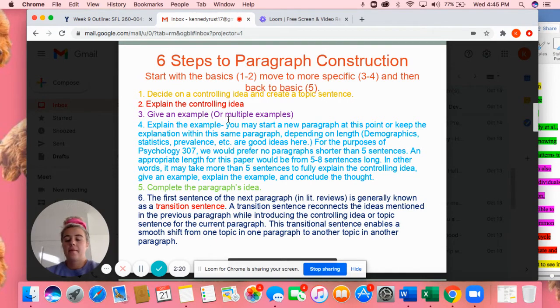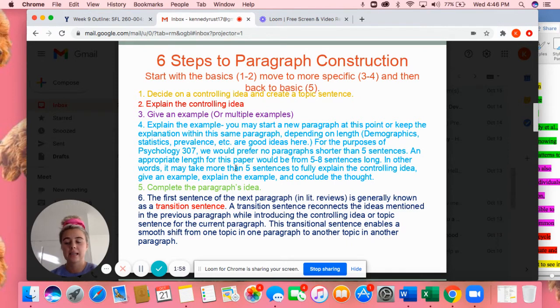And then the next sentence of your following paragraph, the goal is to always have it be a transitional sentence. A transitional sentence, it says here, reconnects the ideas mentioned in the previous paragraph while introducing the controlling idea or topic sentence for the current paragraph.